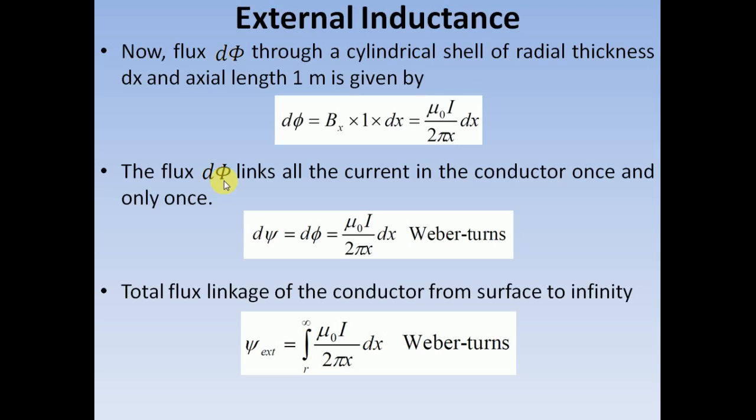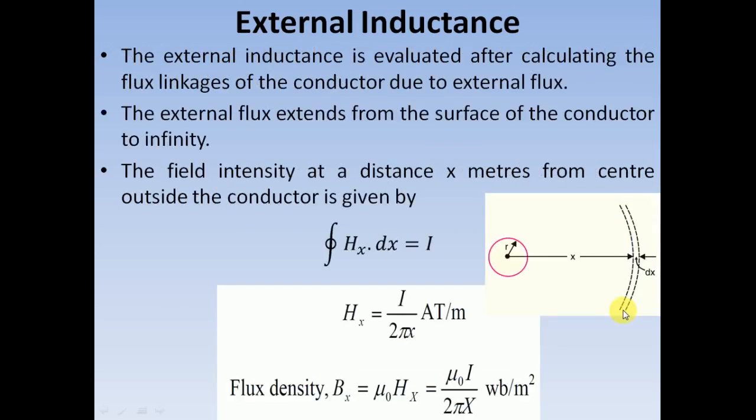As I mentioned in the previous video session, the flux will be flowing through the cylindrical shell in concentric lines. This flux will link with only that particular portion of the current which is being enclosed by the cylindrical shell. In the case of internal flux linkage, the current enclosed by the concentric cylindrical shell was Ix.